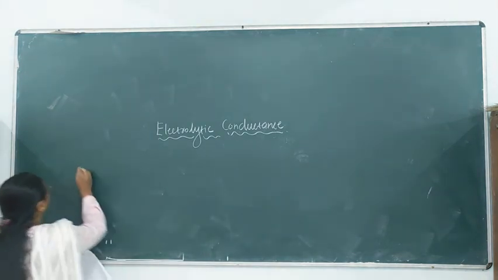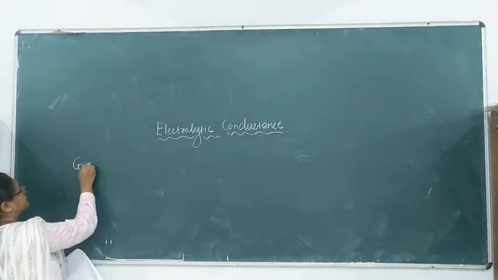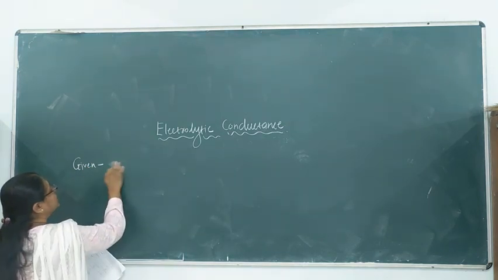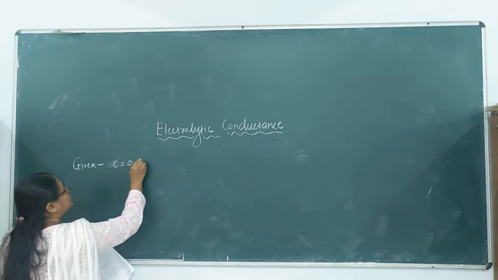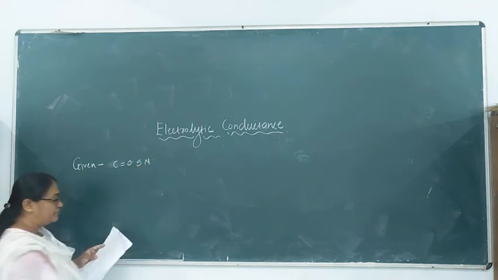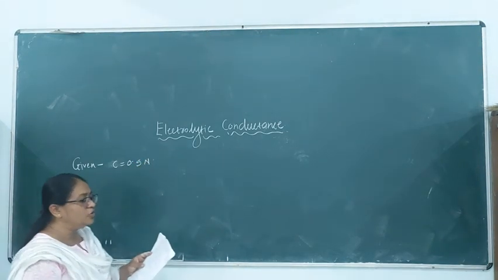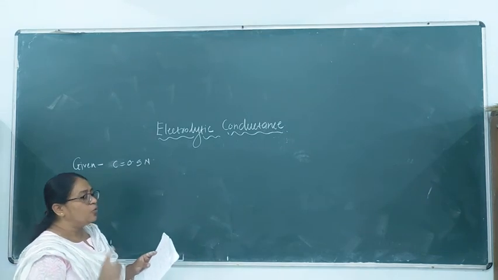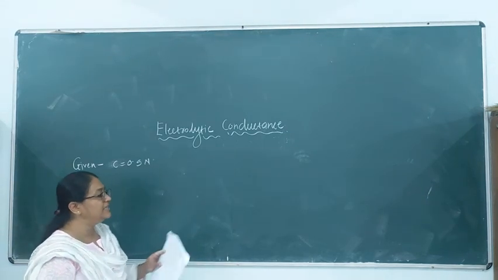See what we have been given in the problem. 0.5 normal solution, that means the concentration of the solution is given, and that is 0.5 normal. A salt occupying a volume between two platinum electrodes 1.72 cm apart.